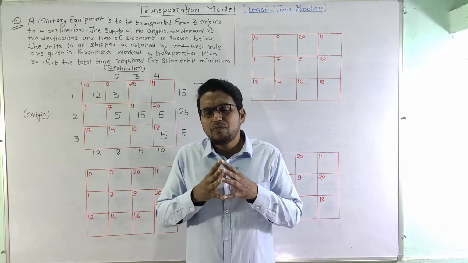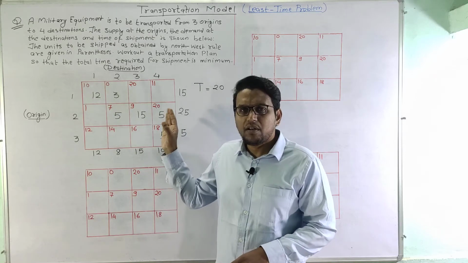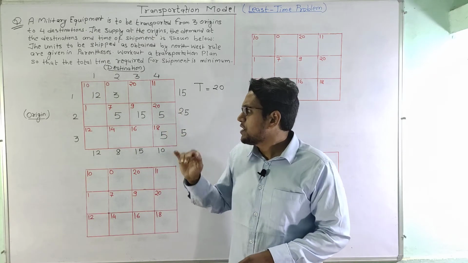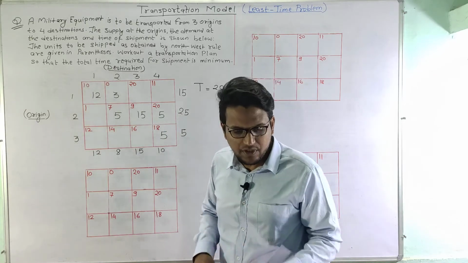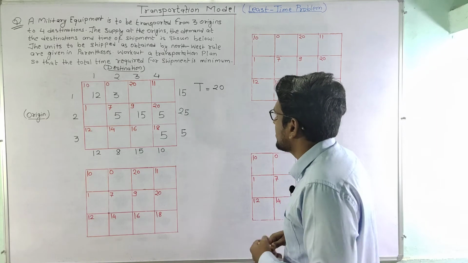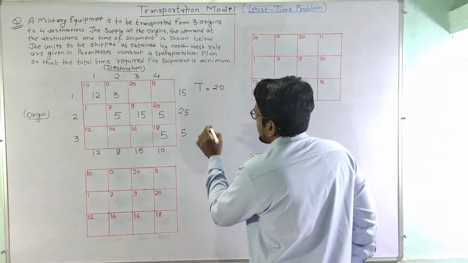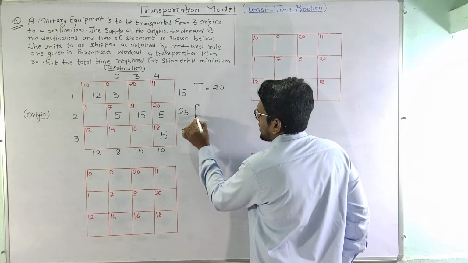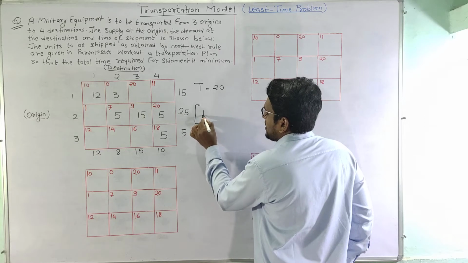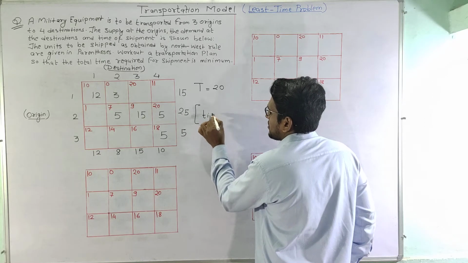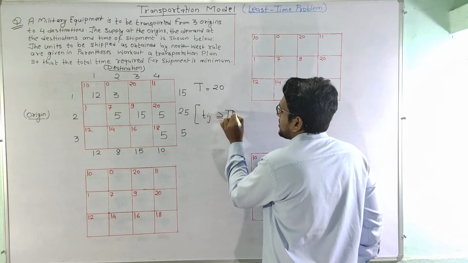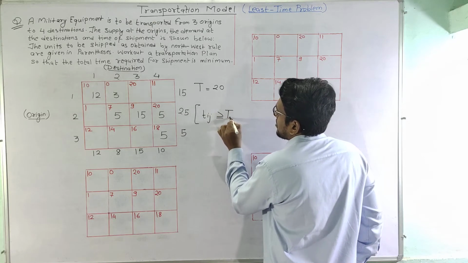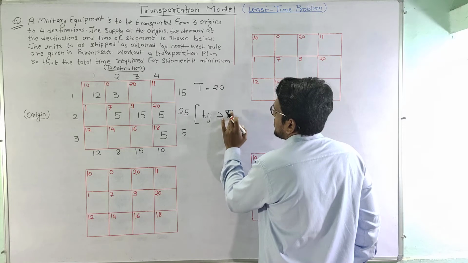Now in order to find the optimal solution, we need to follow two steps. The first step is to check whether Tij is greater than or equal to Tk.